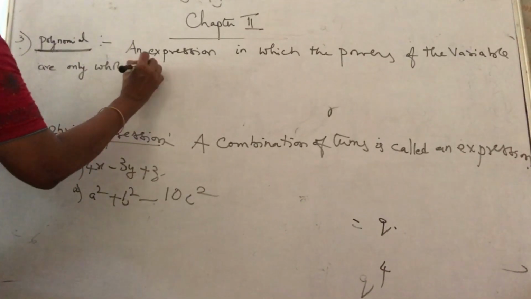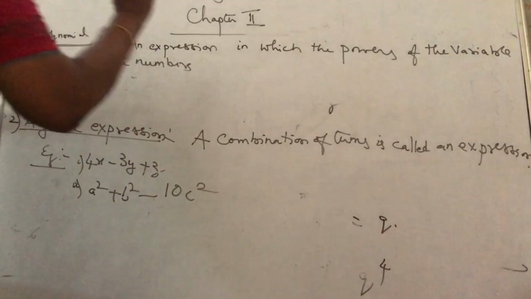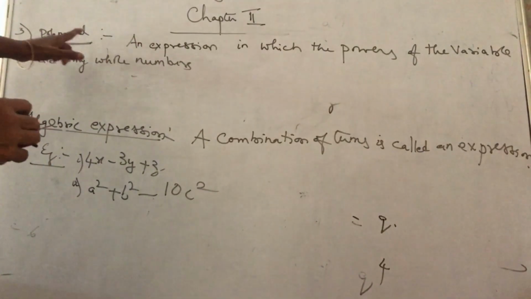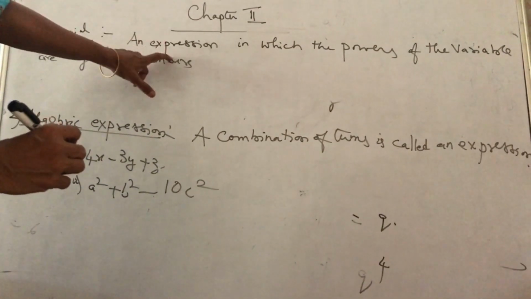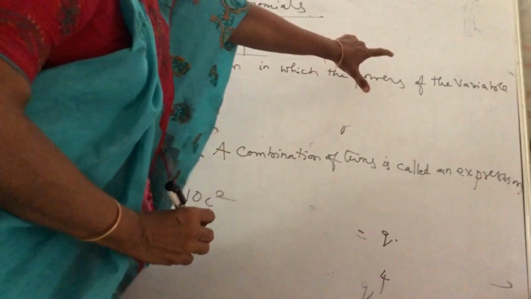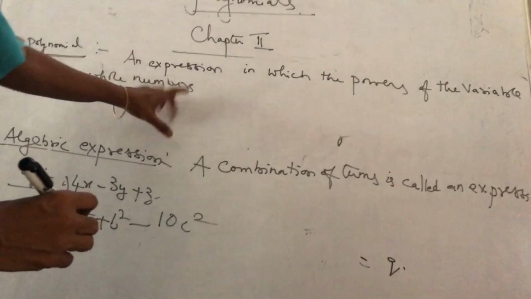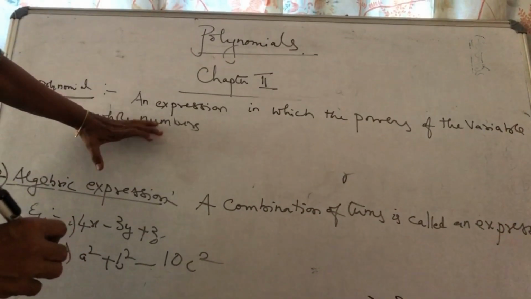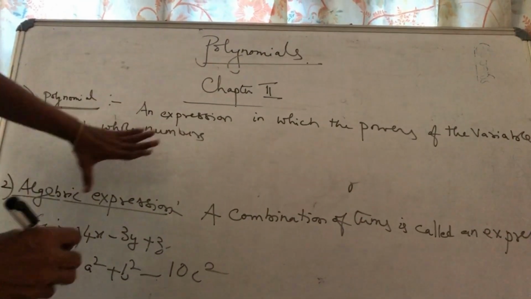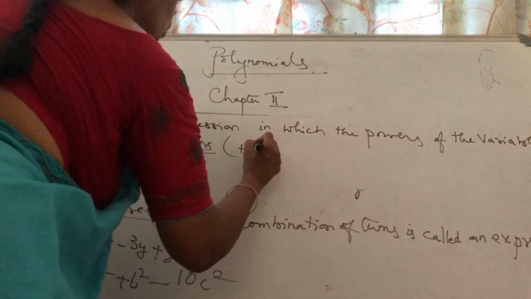You know the meaning of the word whole numbers, children? Whole numbers means positive. What is a polynomial? An expression in which the powers of the variable are only whole numbers. They cannot be rational or irrational. The powers should only be whole numbers, positive.